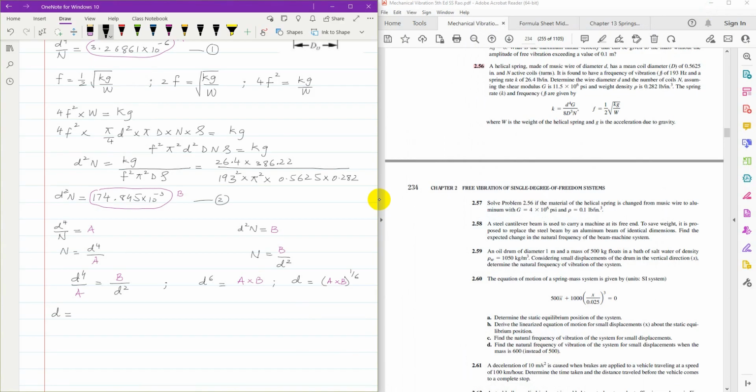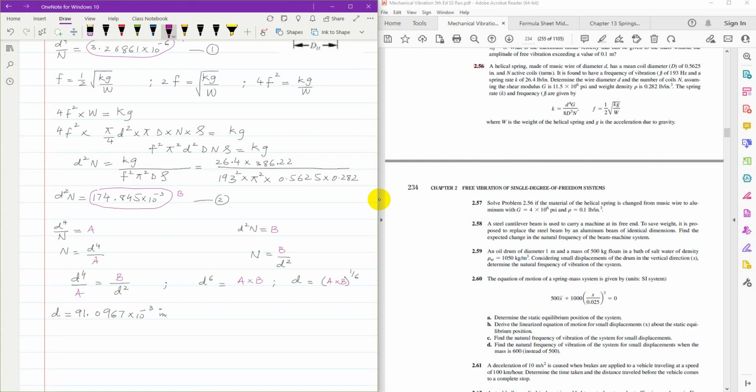So here you will get d as 91.0967 into 10 to the power minus 3 inches, and then you can substitute this d value in either equation 1 or equation 2.